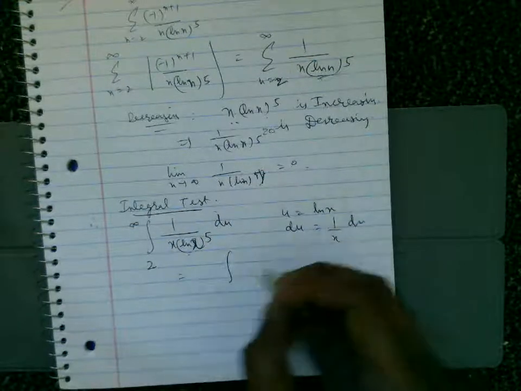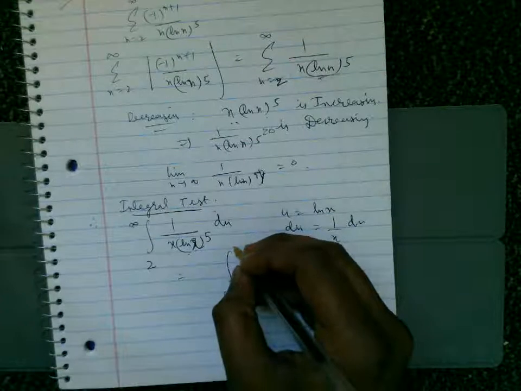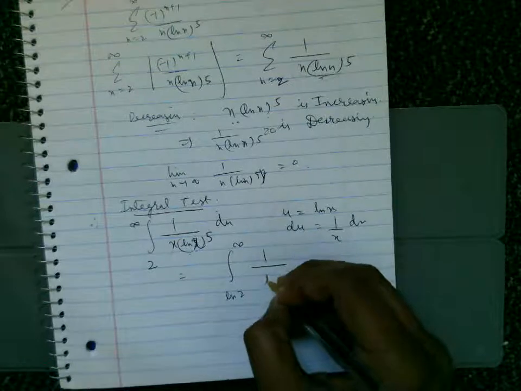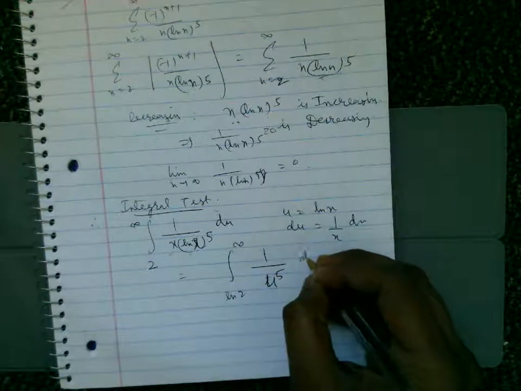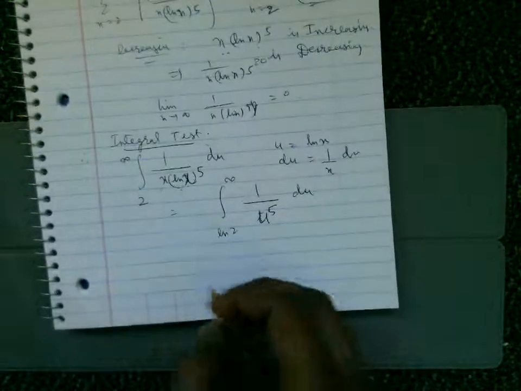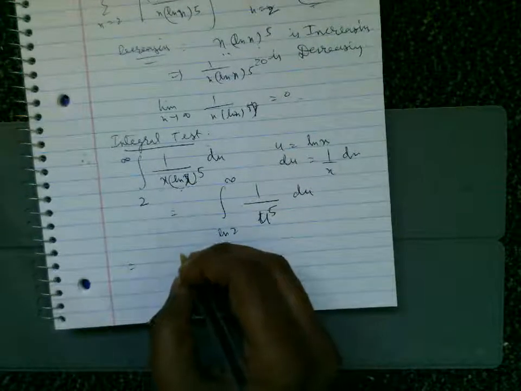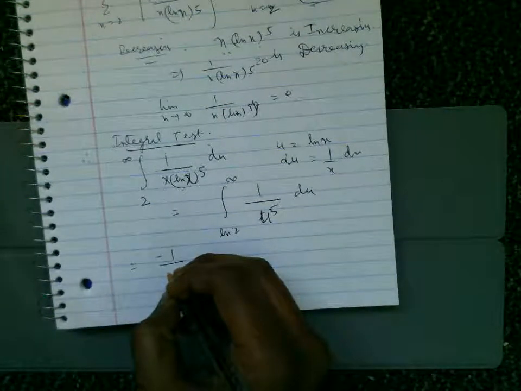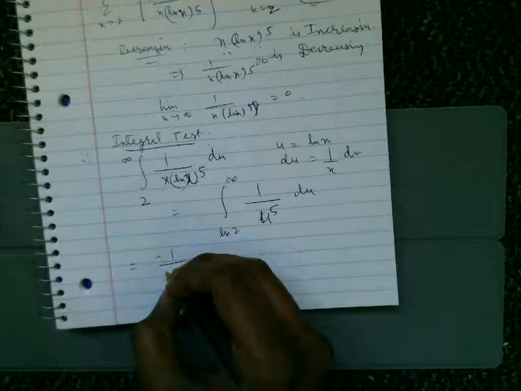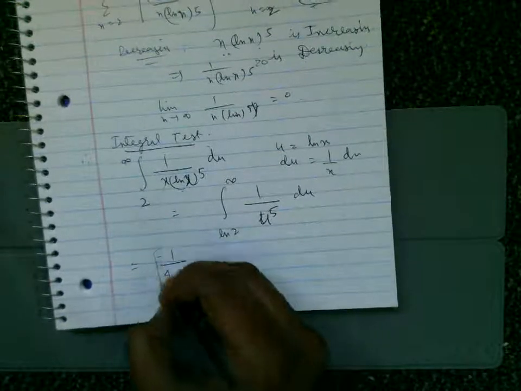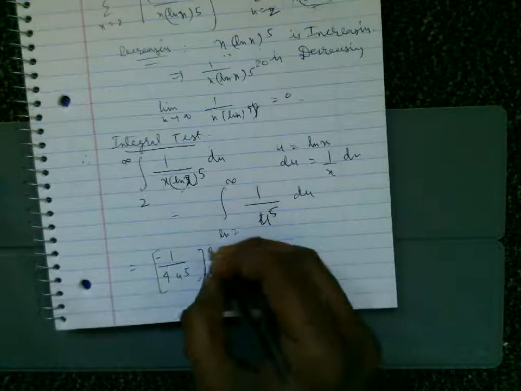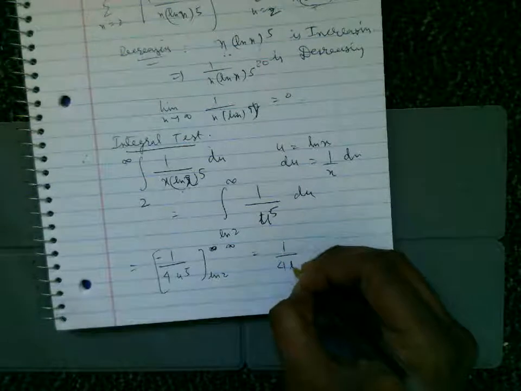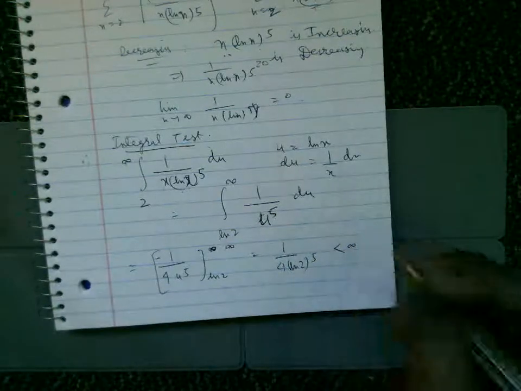So this becomes the integral from log 2 to infinity of 1 by u to the power 5 du, because dx by x becomes du. This is nothing but minus 1 by 4u to the 4, evaluated from log 2 to infinity. So this can be written as 1 by 4 times log 2 whole power 4, which is a finite number.